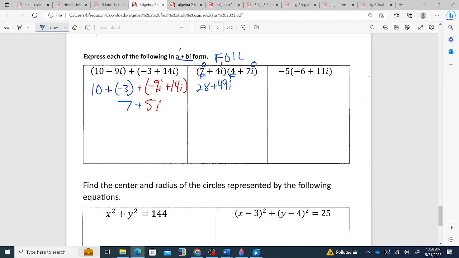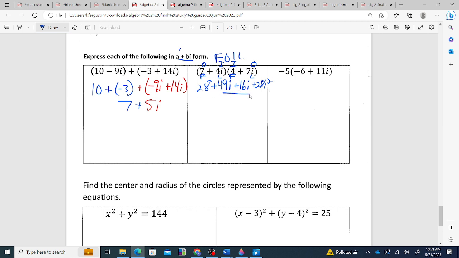Then you got the inner terms. That's 4i times 4. That's 16i. And then you got the last terms. That's 4i times 7i. That is 28i squared. So 28 plus 49i plus 16i plus 28i squared.